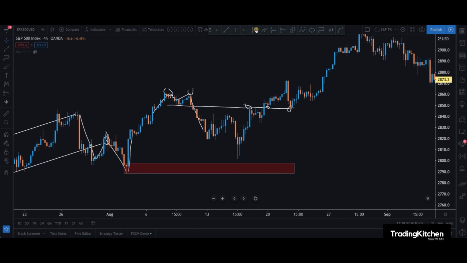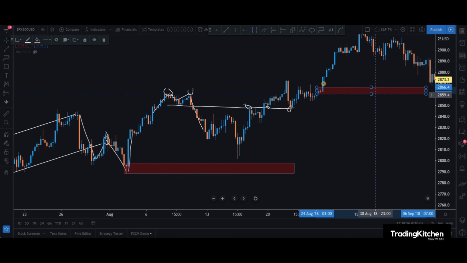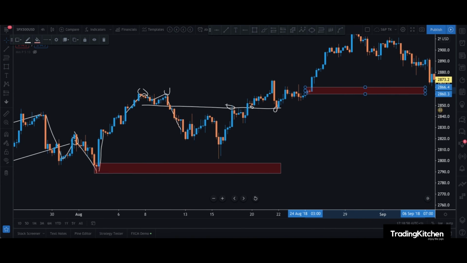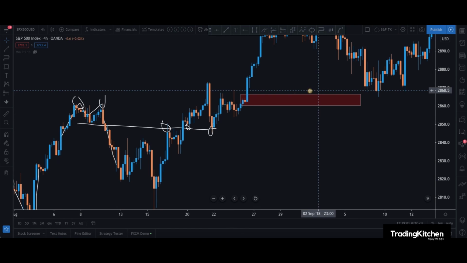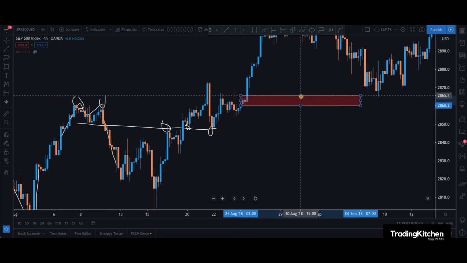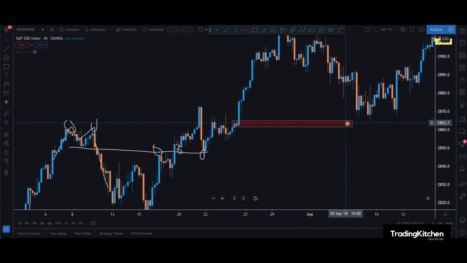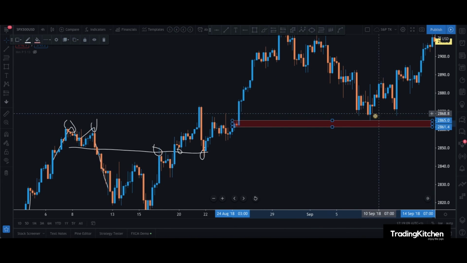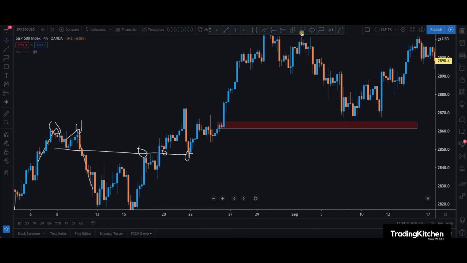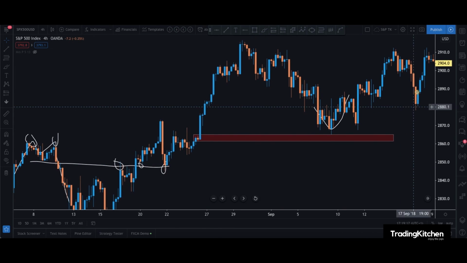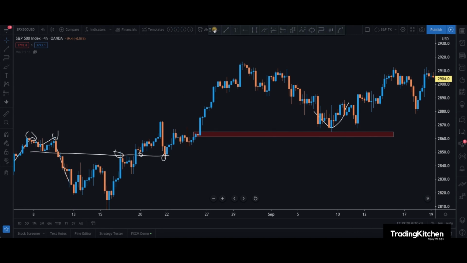This is an impulse, so this could be a good structure with this candle for us to trade. In fact, perfect. Price reacted perfectly, after a channel.